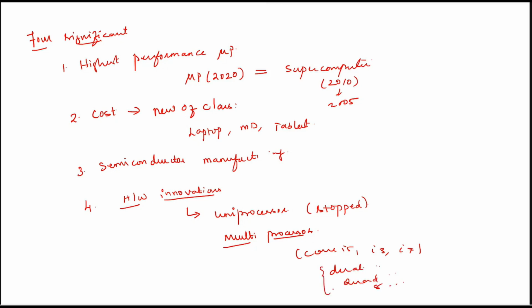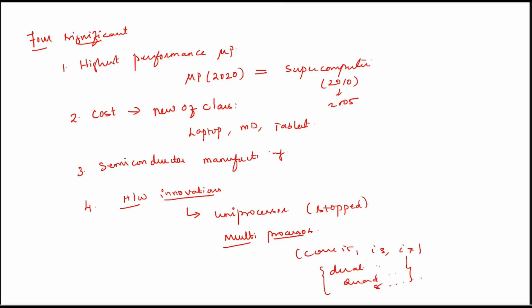Nowadays the trend is that hardware innovations have moved towards multiprocessors rather than uniprocessors. Almost the research for uniprocessors has stopped compared to multiprocessors. So these are the major reasons for the growth rate of microprocessors.